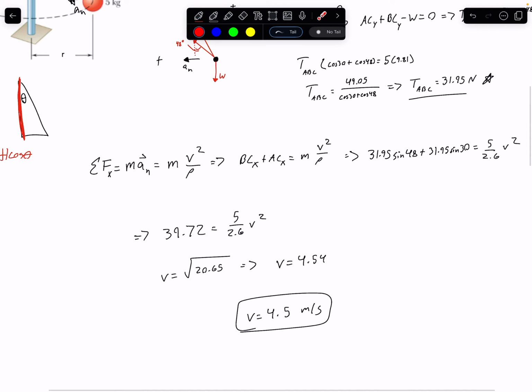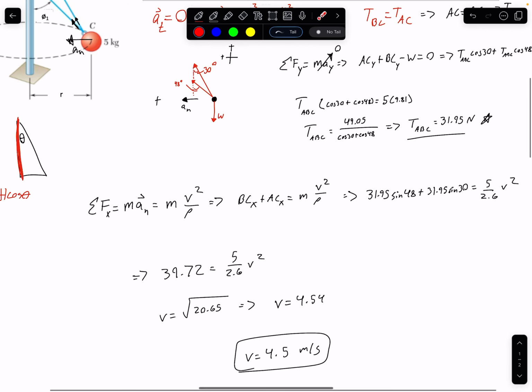Now that we have our tension, we have the necessary piece to find the velocity. We know that all the forces in the x direction cause a normal acceleration, or acceleration going inward. And that is equal to the mass times the velocity squared divided by the instantaneous curvature. We only have two forces in the x direction.